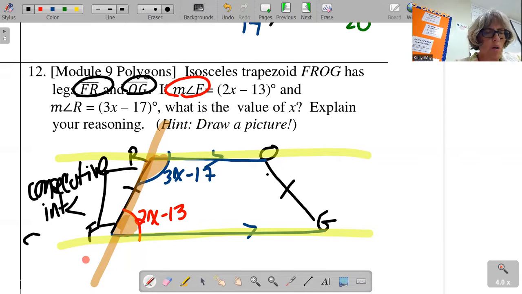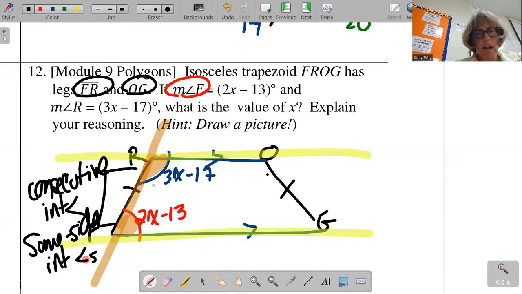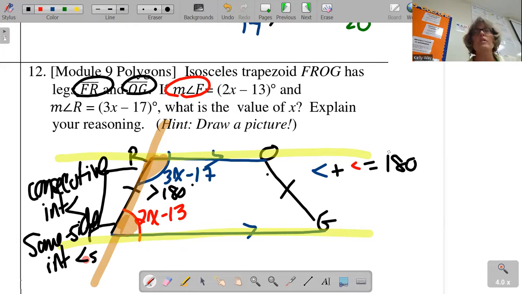Some textbooks call them same side interior angles. And when the lines are parallel, they add up to 180. They're supplementary. So your equation is going to be the blue angle plus the red angle equals 180 because they're consecutive interior angles. Solve for x.